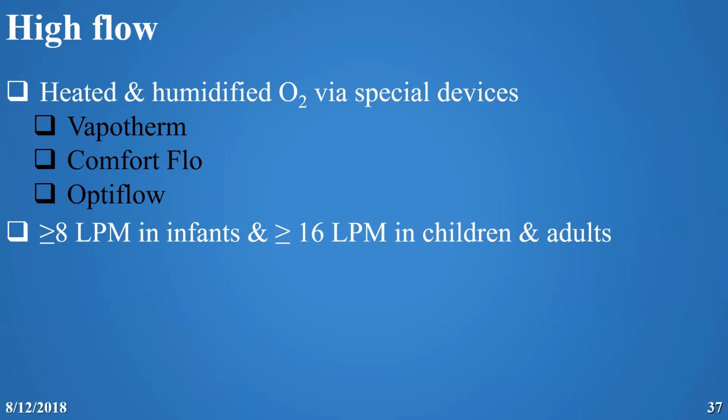After 4, usually we start CPAP until we reach 16 in infant and 16 in pediatric and 8 in infant. We usually use CPAP. After that, we use something called high flow. So high flow is the flow that we give above the CPAP.